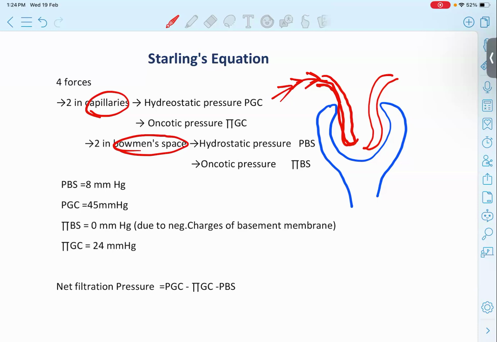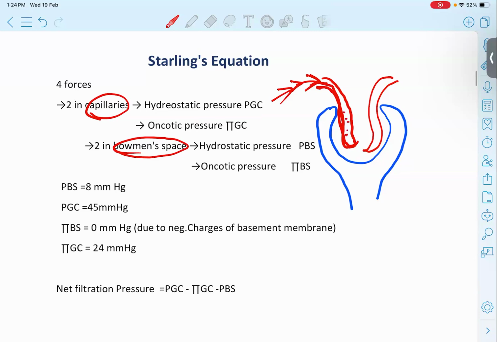So this is the capillary pressure. Another is oncotic pressure. Oncotic pressure is nothing but the pressure of protein inside the capillary, because we know that oncotic means protein. So these two are the capillary pressures.